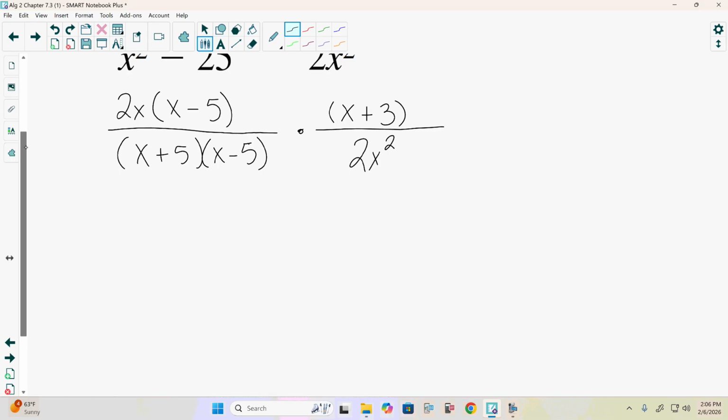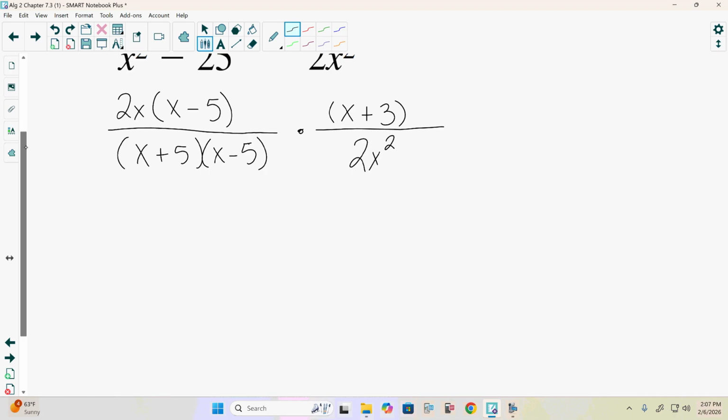Questions on this so far? So first thing we had to do is factor. We did that, yes? Now we could simplify at this point: x minus 5 over x minus 5. They're the same, in the same fraction. We can cancel them out.